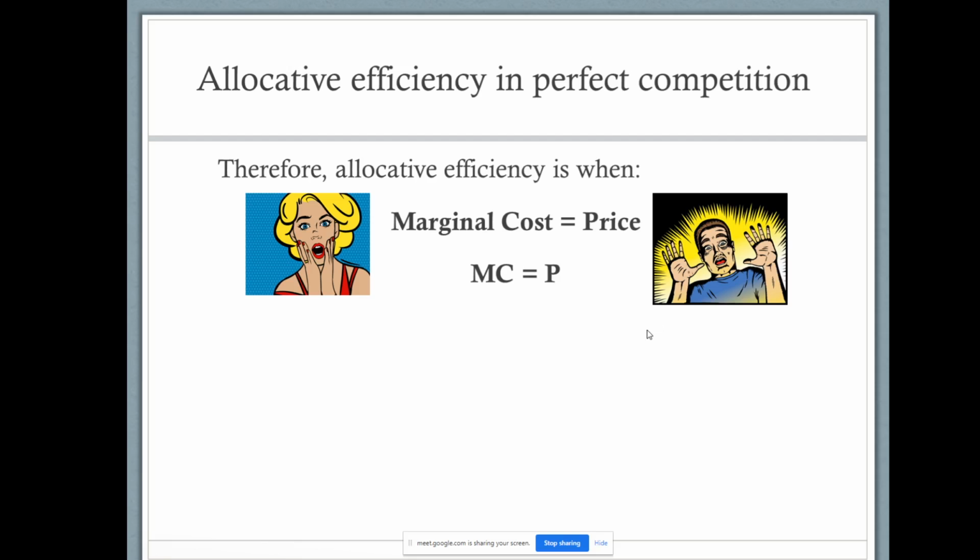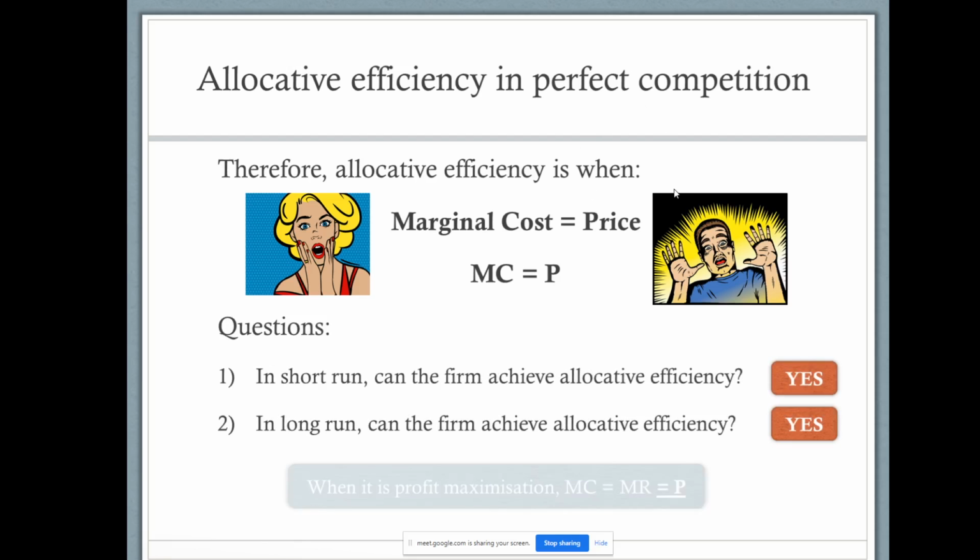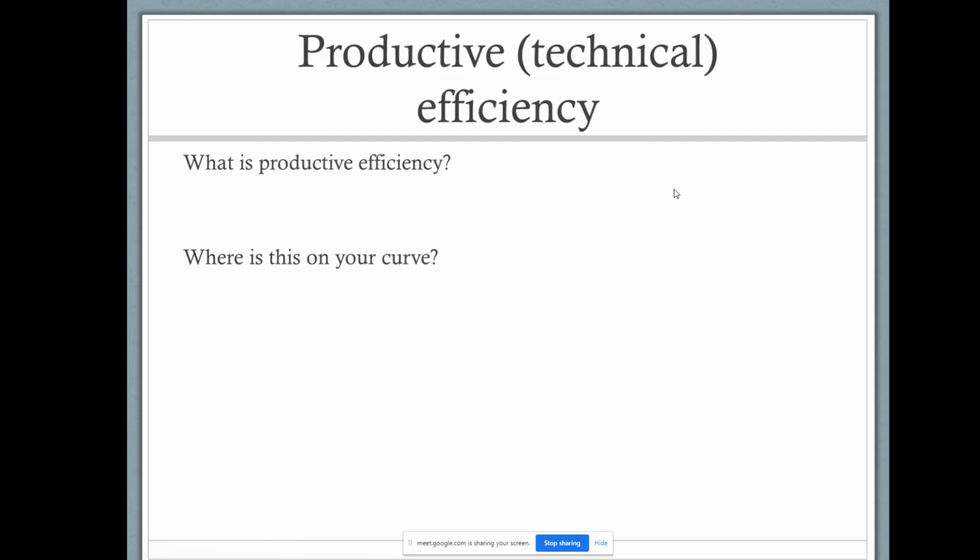All right. So after we have finished allocative efficiency in perfect competition, then we can talk about another efficiency. We'll call that productive efficiency. We talked about that before. Anyone who can tell me what is productive efficiency? You guys still remember productive efficiency? When can we see productive efficiency?